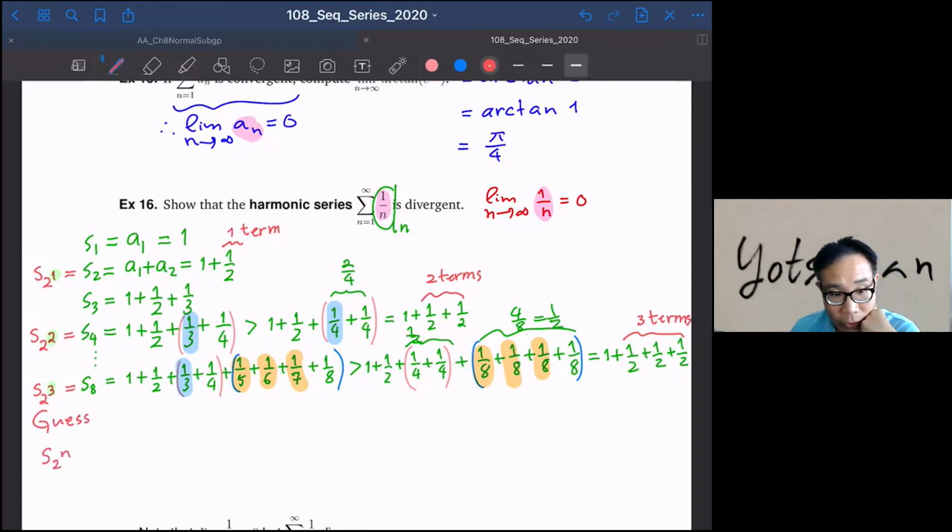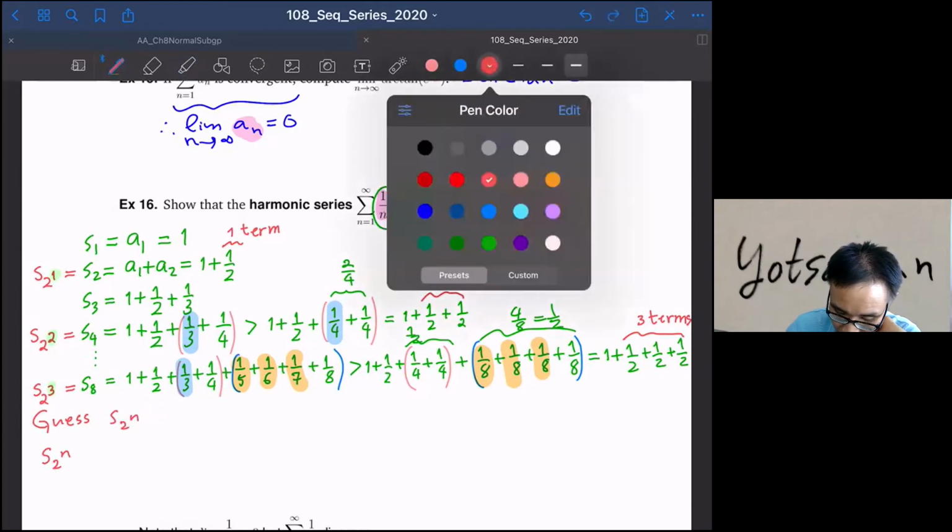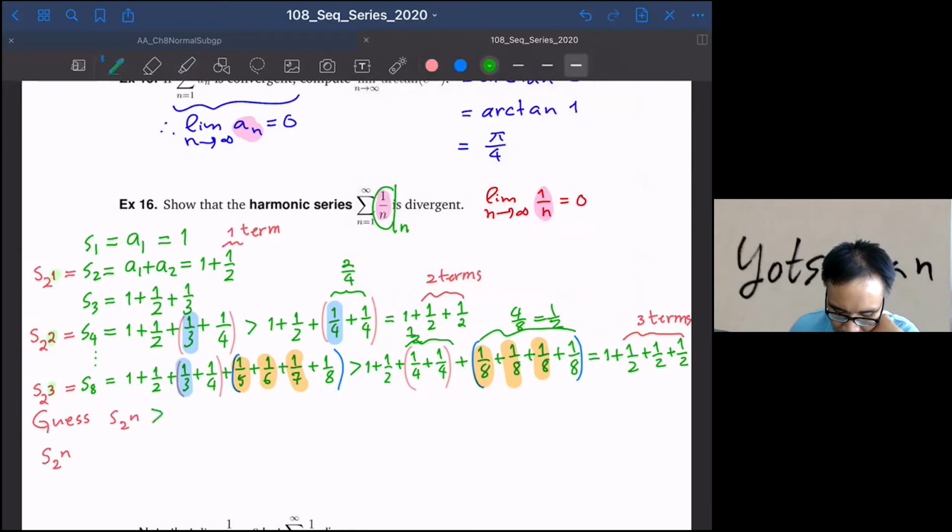Okay, so if you have s of 2 to the n, it's going to be more than, I use the green color, more than. So here is going to be the index n, and it's going to be 1 plus 1 half, 1 half, 1 half, and how many terms do we have?